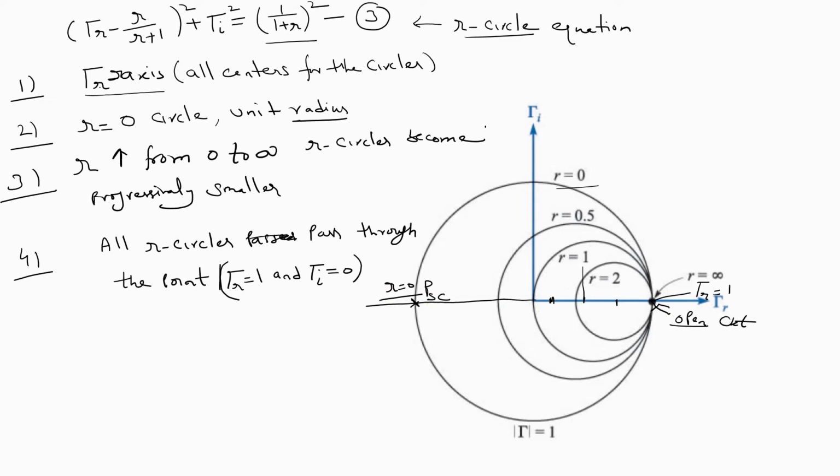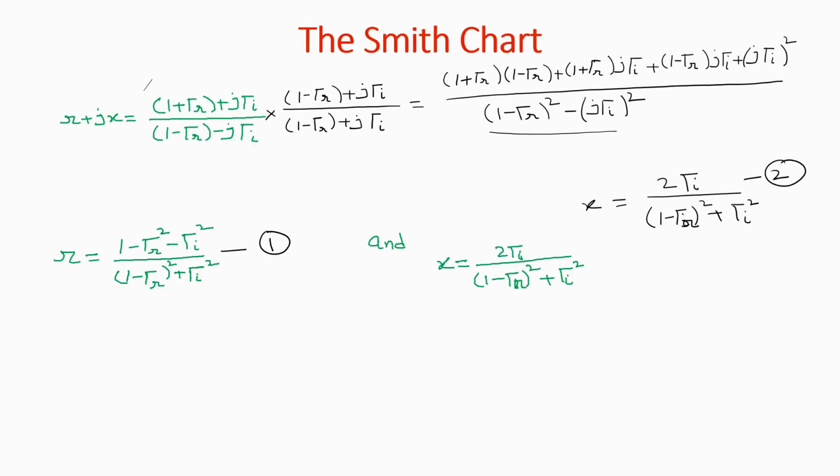Now if we perform some mathematical manipulations on this equation 2, we can write equation 2 as gamma R minus 1 whole square plus gamma I minus 1 upon x whole square is equal to 1 upon x square.